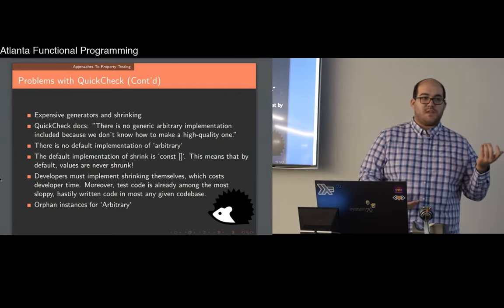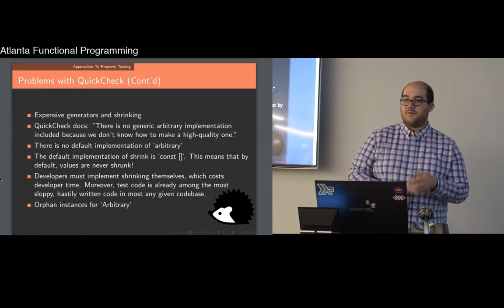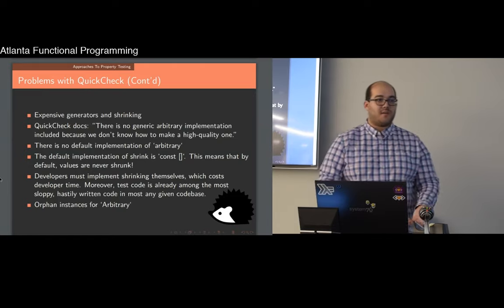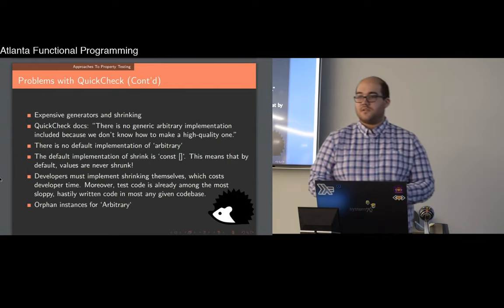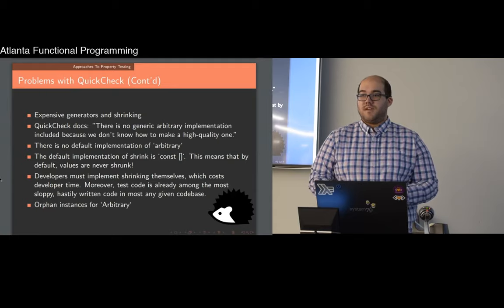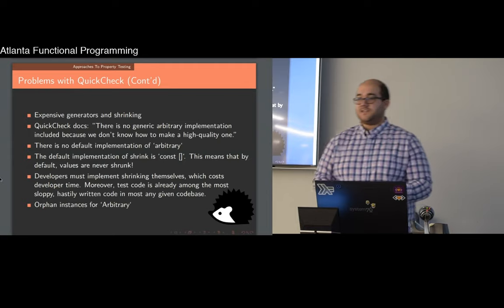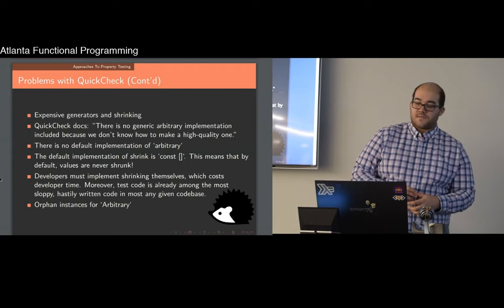And I said this in the beginning, but test code is already among the most unenjoyable, sloppy, hastily written code in most any code base. So making your test suites even more annoying to write, even more unenjoyable, is not a good thing. That's something you want to minimize.